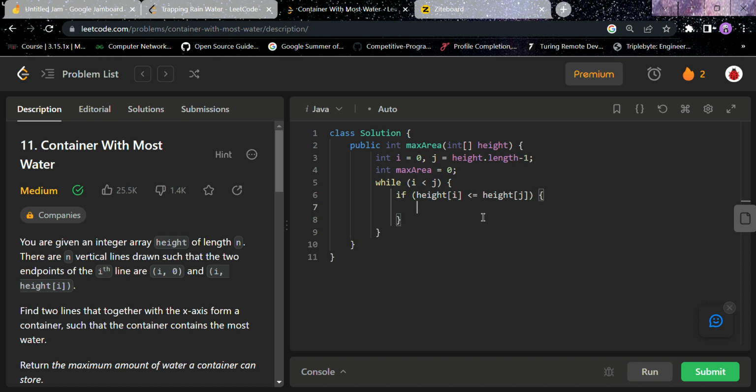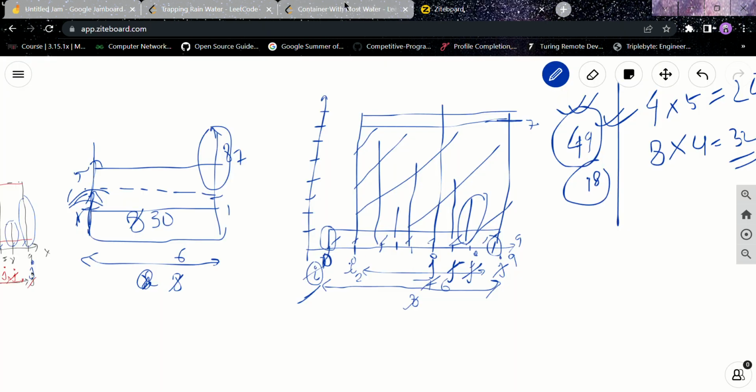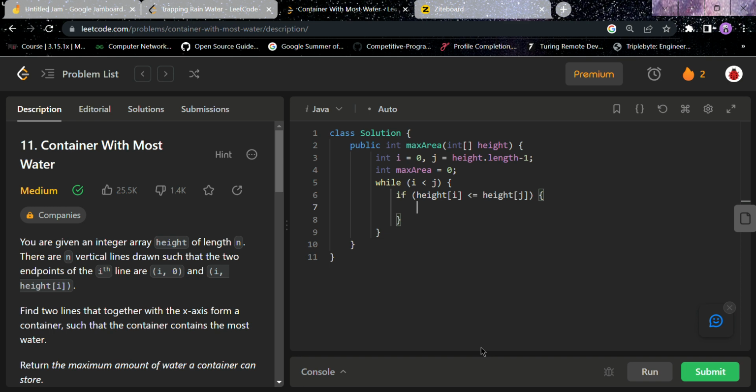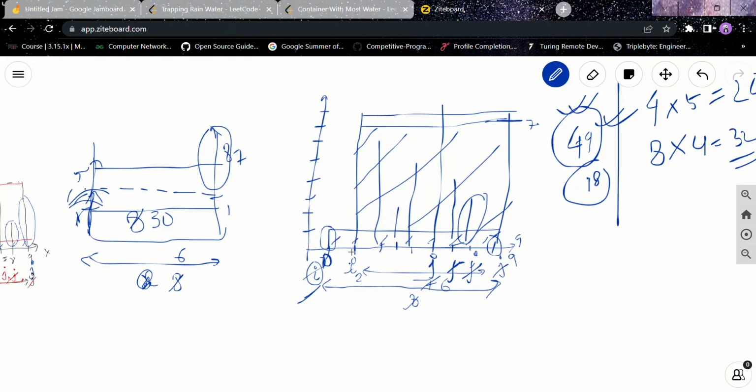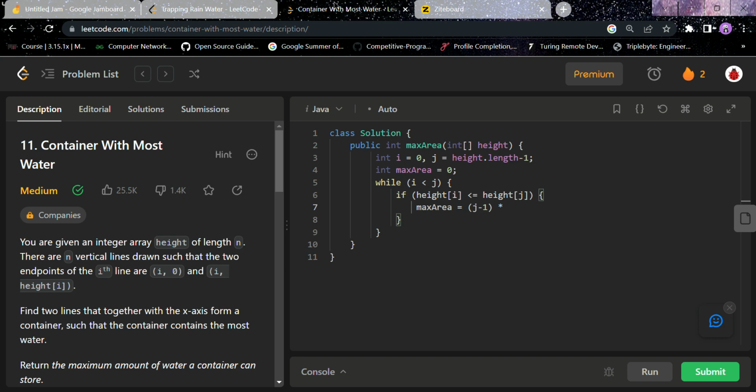In this condition, we will simply multiply the minimum of the height and the base. So max area will be j minus 1 into minimum of the heights, math.min height of I and height of j.